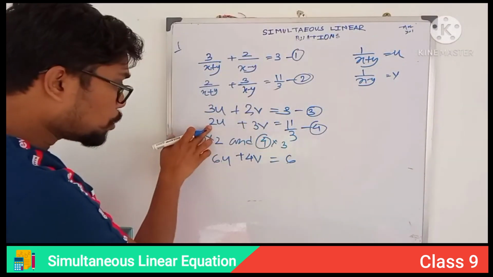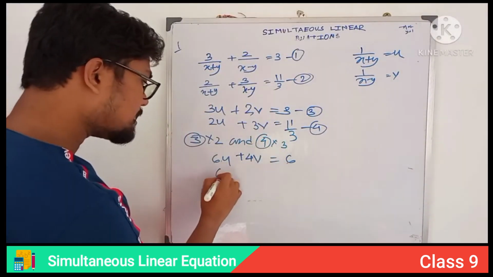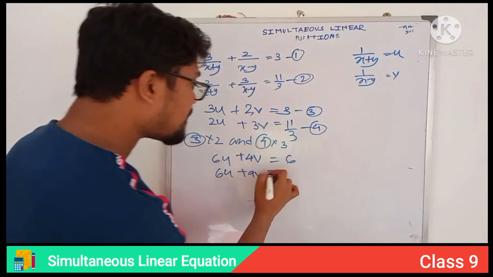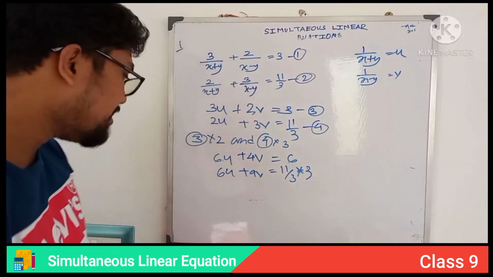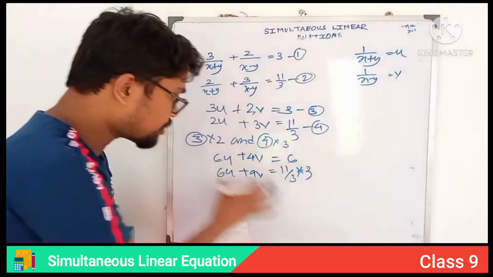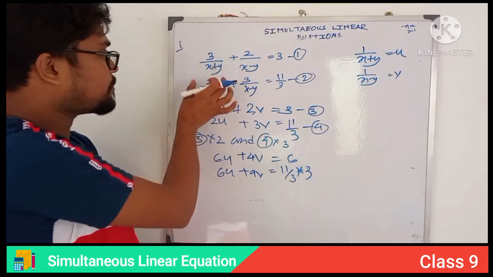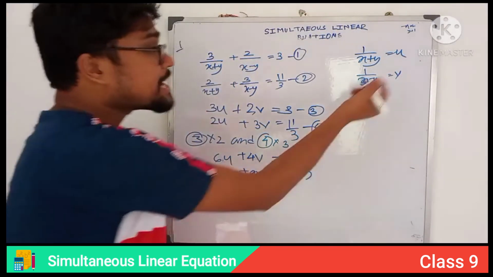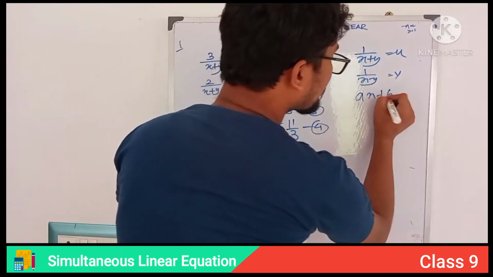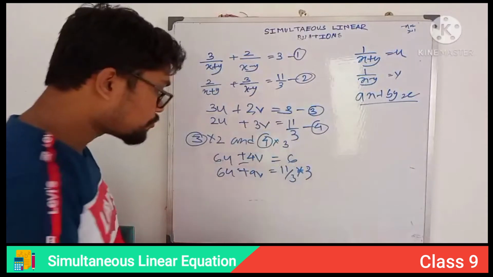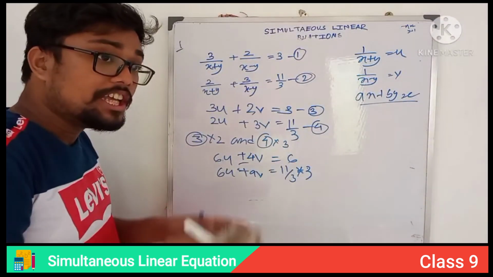And here 2 into 3 is 6u, 3 into 3 is 9v, and 11 by 3 into 3 is 11. Sorry, again I repeat: these two equations are converted into this form, and now it is easy to solve.